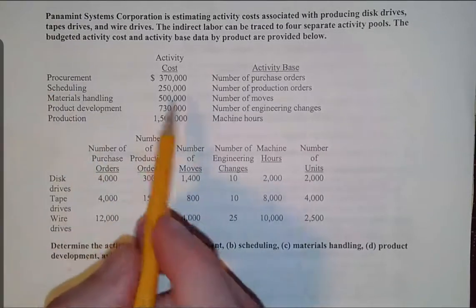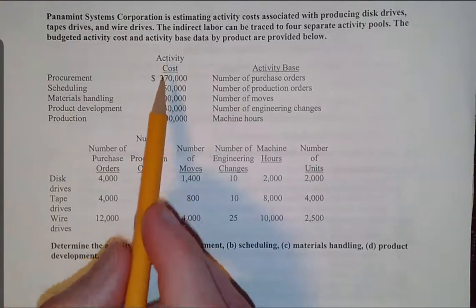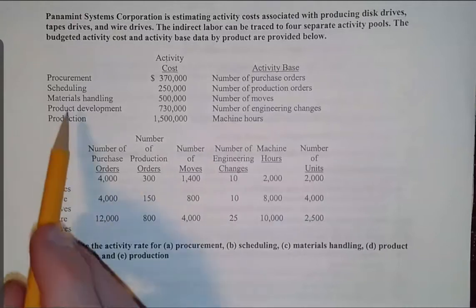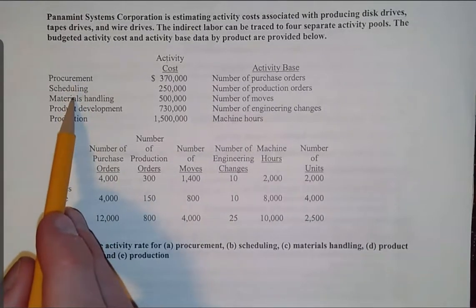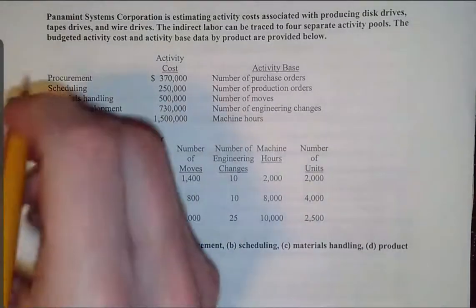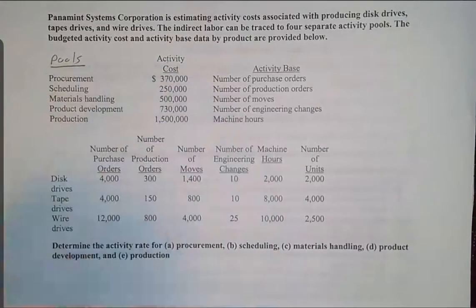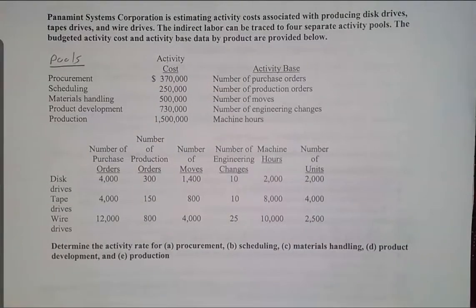Okay, so we have a nice little column header here for activity cost. This is the total estimated cost for each of these cost pools. All right. And so when we talk about procurement and scheduling, these are the actual pools. It doesn't say that, but these are the cost pools. Okay.